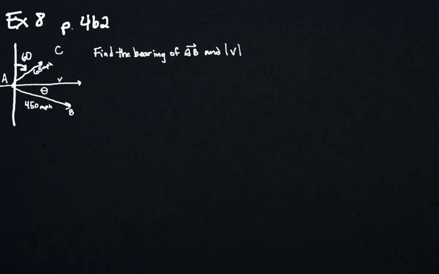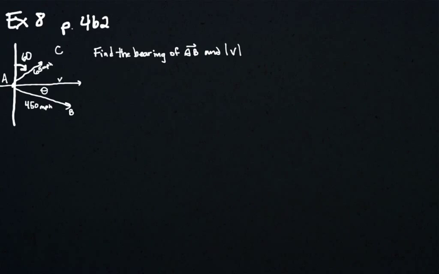So what we're going to do, and this is the concept that we want to learn: when I have to combine vectors, I want to put my vectors in a process so that I can add their components. Right now, I have no components of either vector. There's two vectors that I'm worried about.